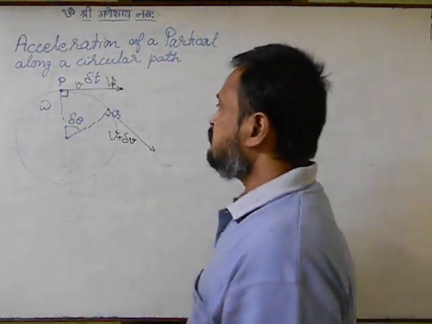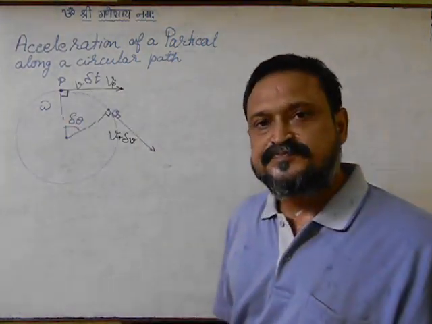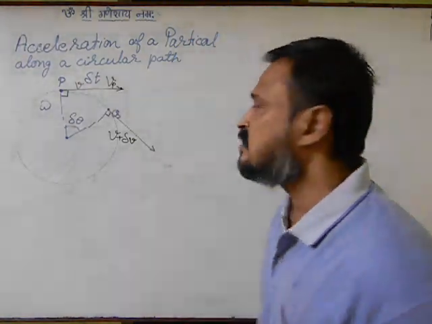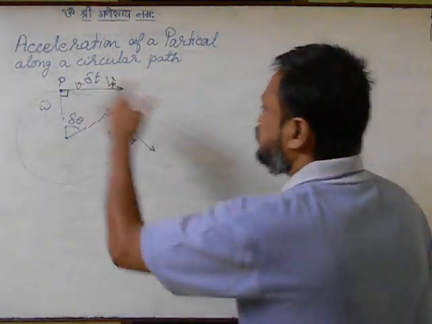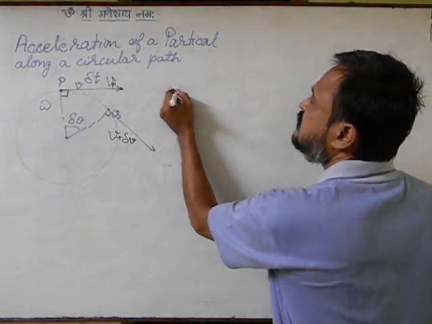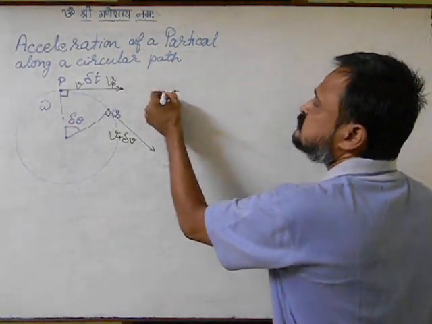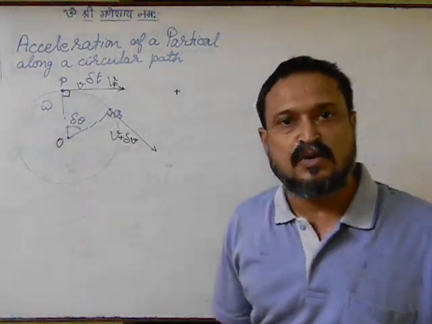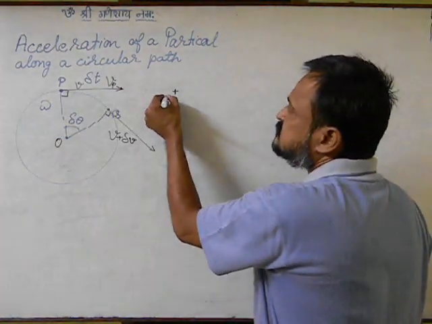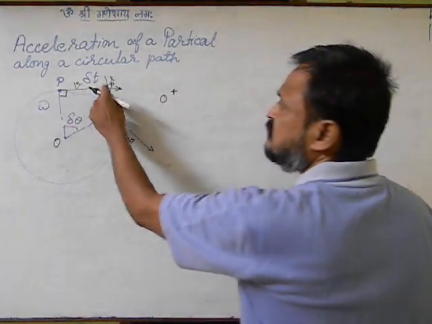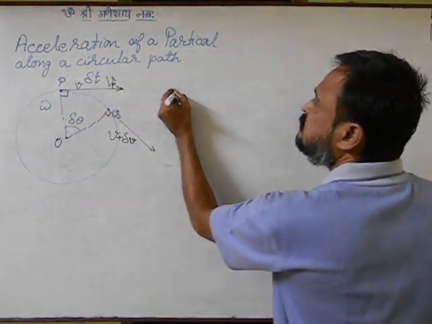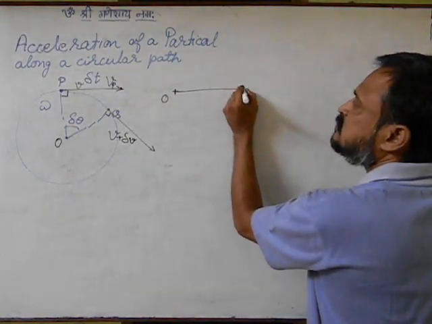Now when we interpret this through the velocity polygon, if I want to draw the velocity polygon according to scale, let us say the particle is moving about O, then this is O. So the velocity vector of the particle at the location P will be tangential to the path.